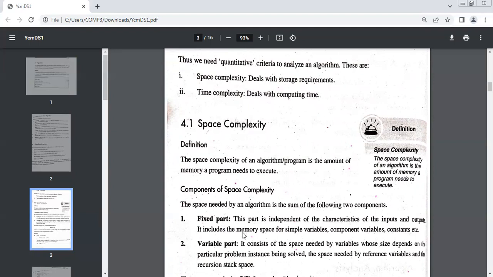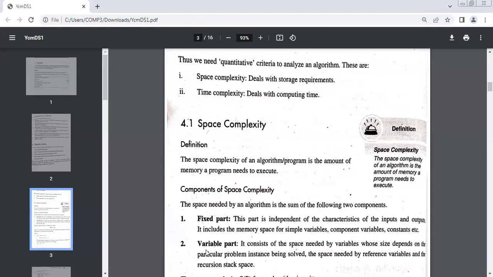It includes the memory allocated for simple variables, component variables and constants that we declare. That memory we can call the fixed part space complexity.